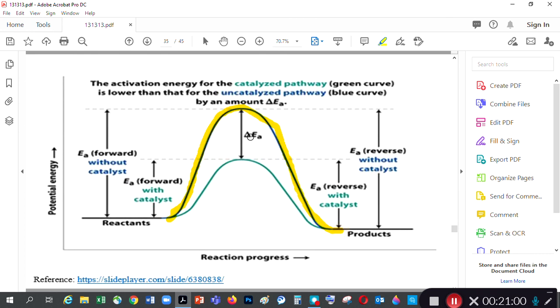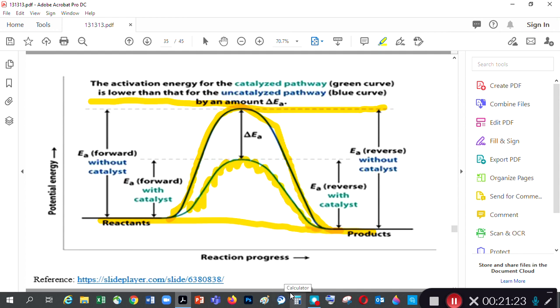You can see that without the catalyst, the activation energy is large. You can see the activation energy from here all the way to here without the catalyst, correct? If you use the catalyst, then you are reducing this one here. This is the green one. You're reducing the activation energy by using the catalyst.